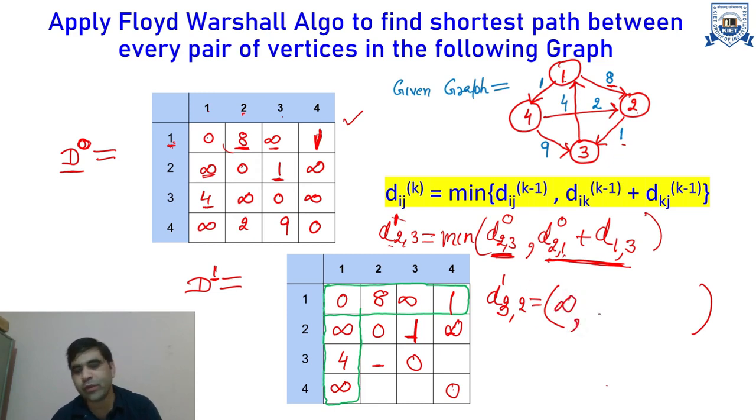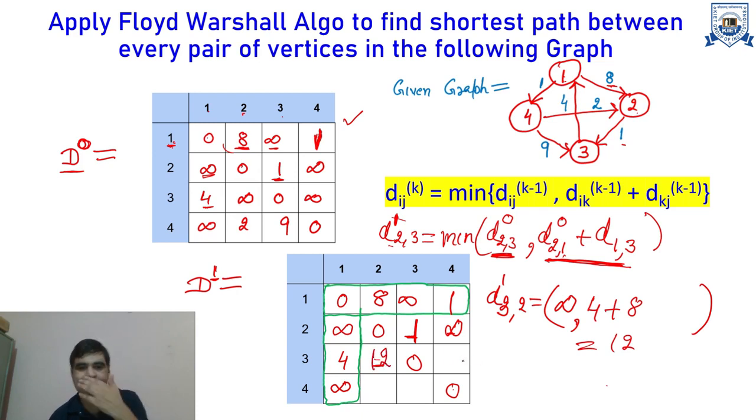Then we will see if there is an indirect path using intermediate vertex 1. We have to go from 3 to 1 first. So 3 to 1 is 4, plus 1 to 2. 1 to 2 in this case is 8. So the minimum of this value is 12. So we simply write 12 at this place.